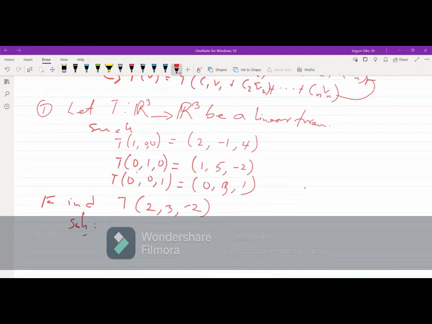The solution will be, remember, I'm to look for T of (2, 3, -2), which is the same thing as, for the first one, 2 times the first element in brackets, (2, -1, 4).